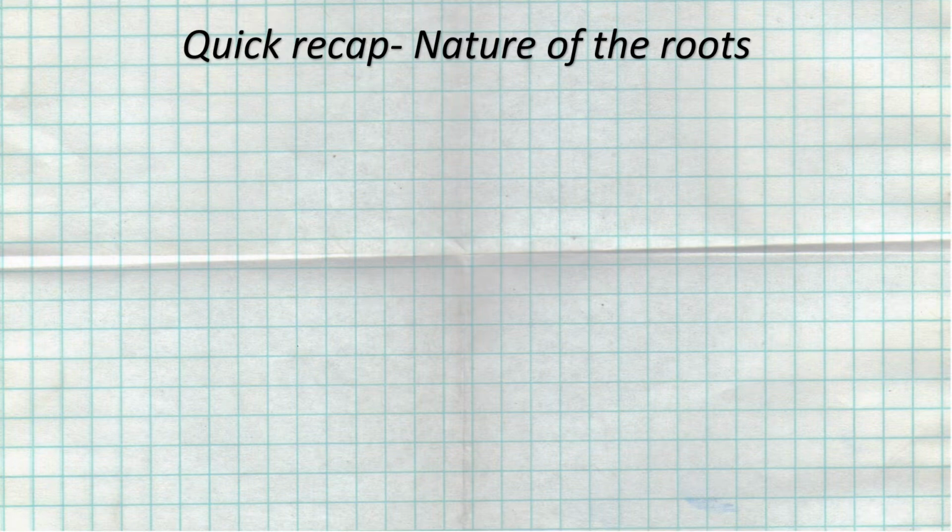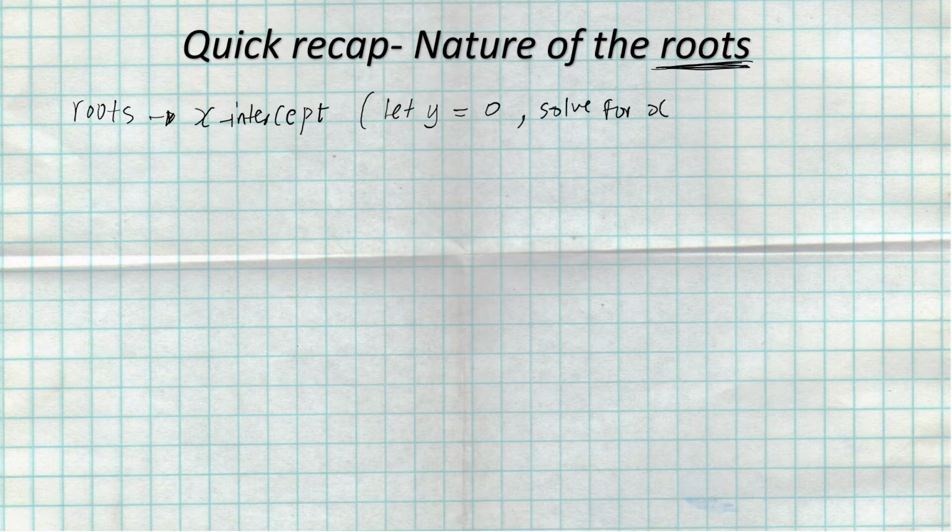So before getting deep into nature of the roots, you must understand what the roots are. By the roots we mean the x-intercepts. Remember how you solve for the x-intercept: you let y be equal to 0, and then you solve for x.